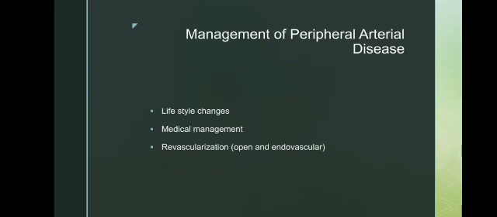Management of arterial disease, the principle of treating is that we do lifestyle changes to deal with the modifiable risk factors like weight loss, quit smoking, graduated exercise, and diet modifications. Medical management is again for comorbid diseases like hypertension, diabetes, and hyperlipidemia.